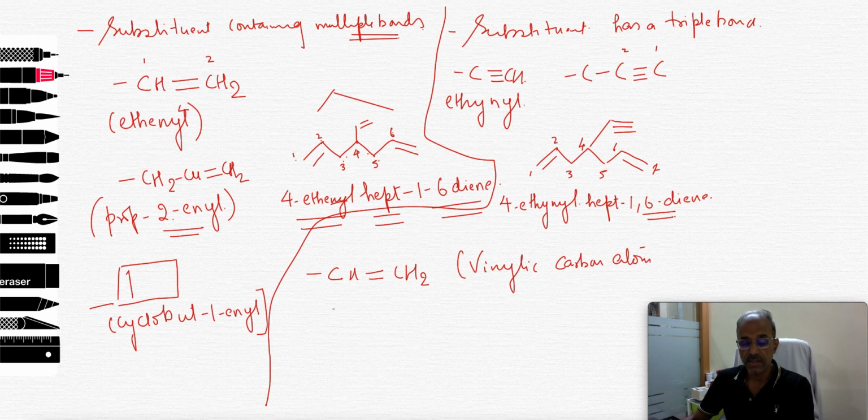Then CH2 double bond CH2 dash CH dash CH2. This is known as allylic carbon atom.